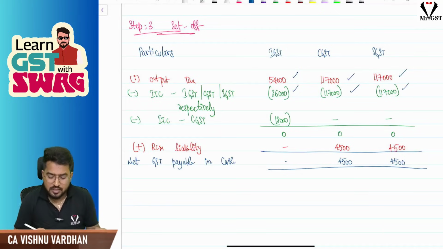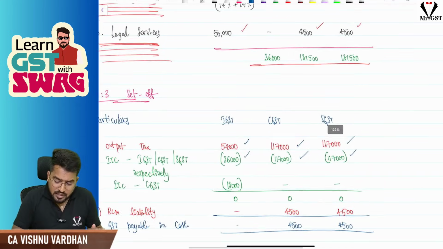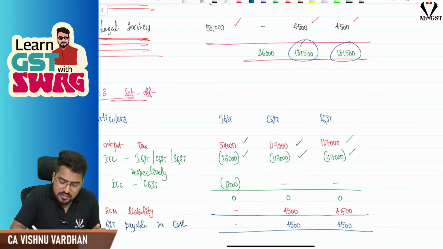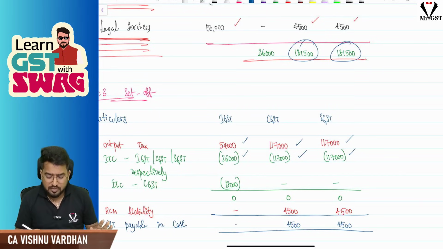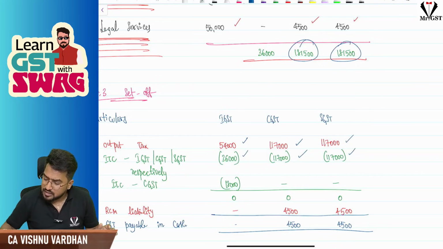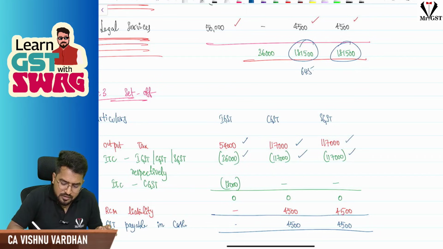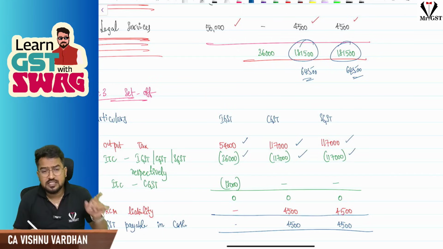Okay, used it. Now if you see, the CGST and SGST ITC balance is 1,81,500, but the liability is only 1,17,000. That means after using that, you will still have 64,500 balance with CGST and SGST.